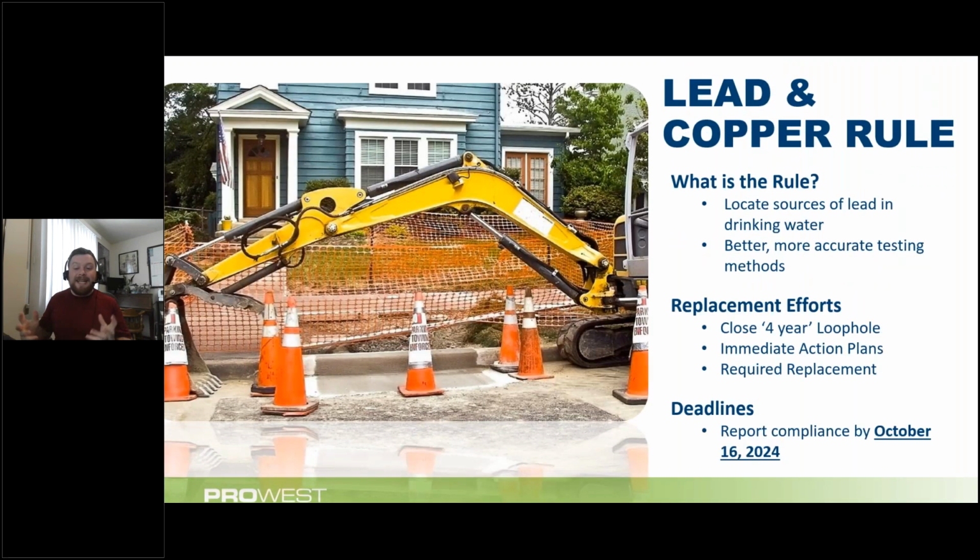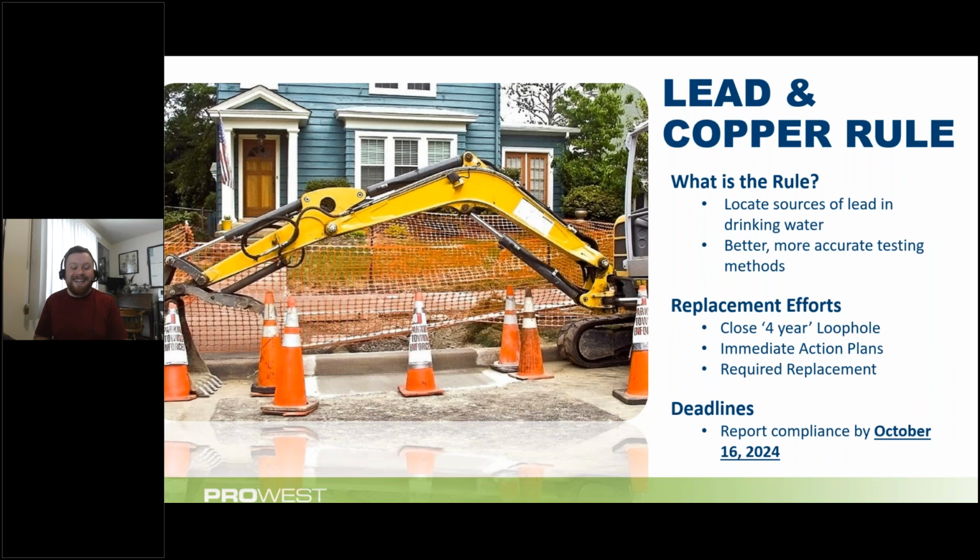All right, so the lead and copper rule. One of the unique things about the lead service line inventory solution is that there is an actual law, the lead and copper rule, that is tailored for this solution. Well, the law came first, if you want to play chicken and egg here.